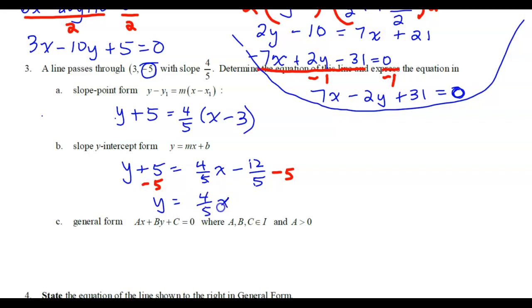Okay, so that's minus 5, which is 25 over 5. So that's what, minus 37 over 5.